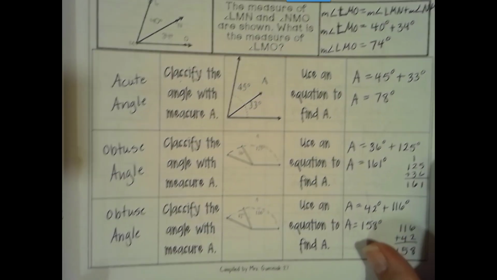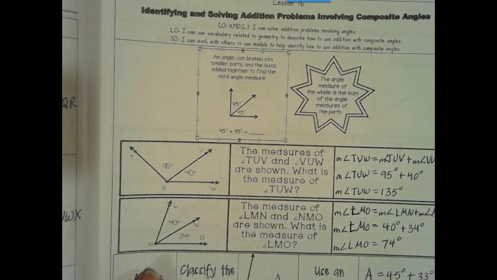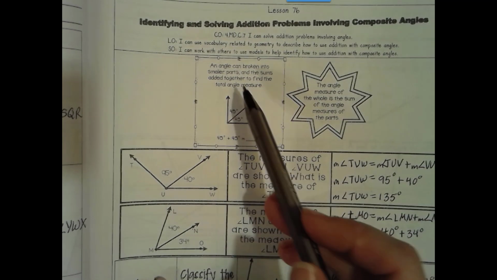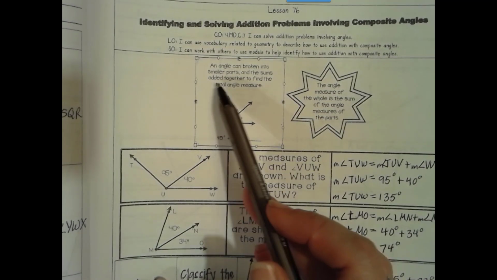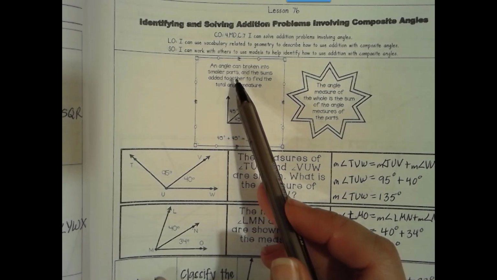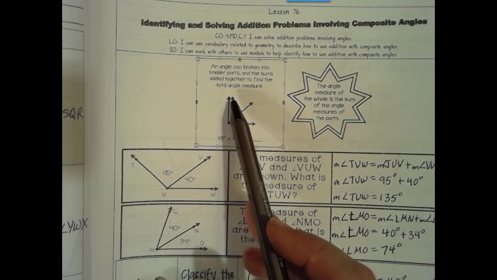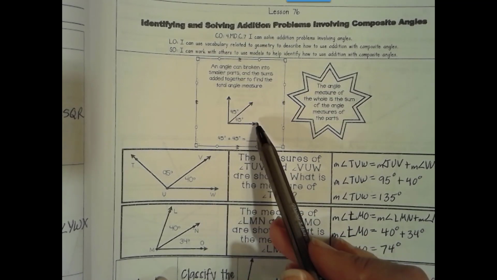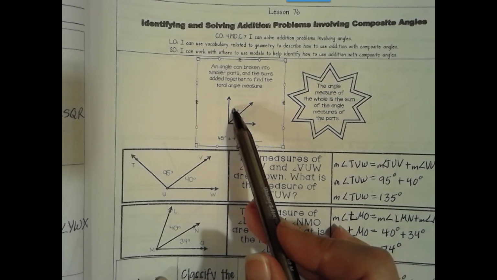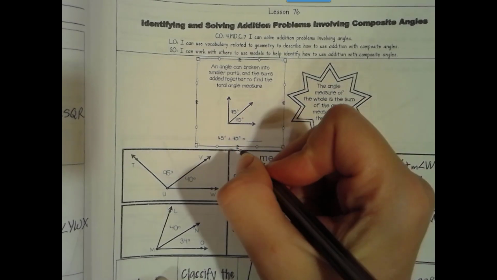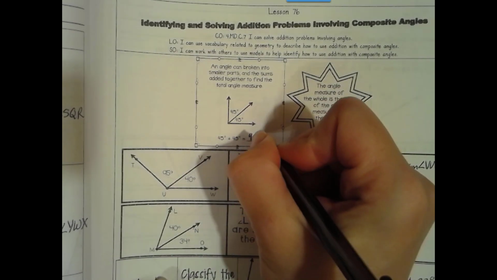Yeah, I was so excited to get started, I forgot this very top one. An angle can be broken into smaller parts, also called decomposed, and the sums added together to find the total angle measure. So this angle right here is broken up into two parts, 45 degrees plus 45 degrees. 45 plus 45 is 90 degrees.